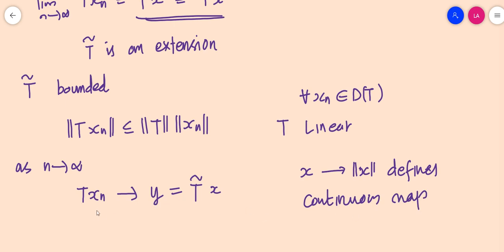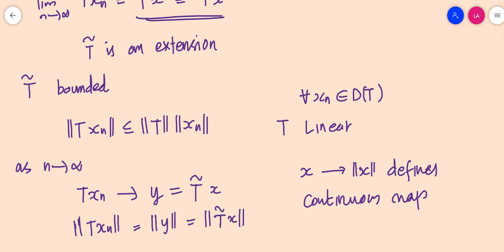So norm of T of xn converges to this y, which should be equal to T tilde of x. So as n tends to infinity, norm of T of xn should be equal to norm y, which should be equal to norm of T tilde of x.